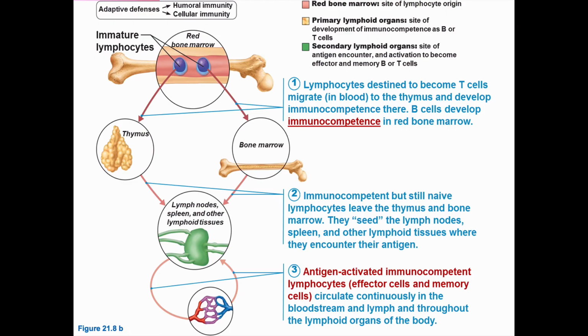So this is what you have in the description here in this picture. Lymphocytes designed to become T cells migrate to the thymus and develop immunocompetency there. B cells develop immunocompetency in red bone marrow, mature in the lymph nodes, and then are released into the tissues.